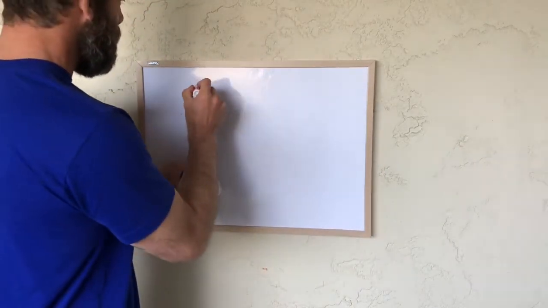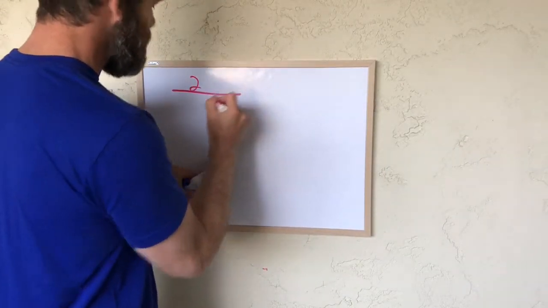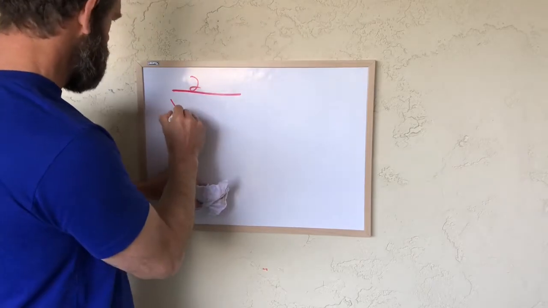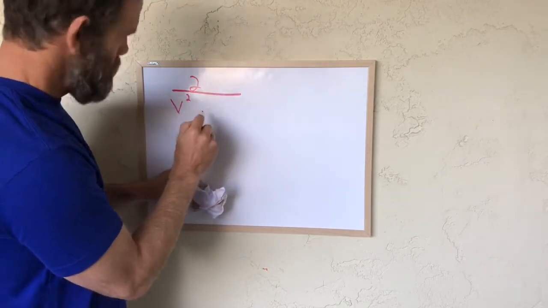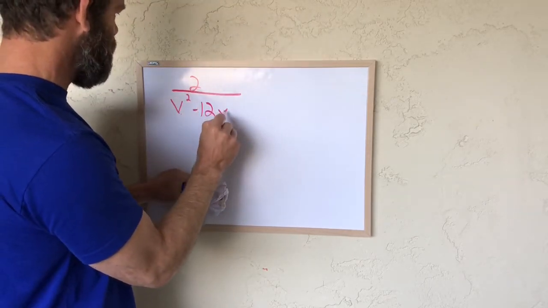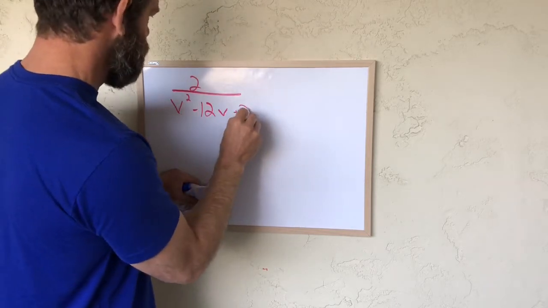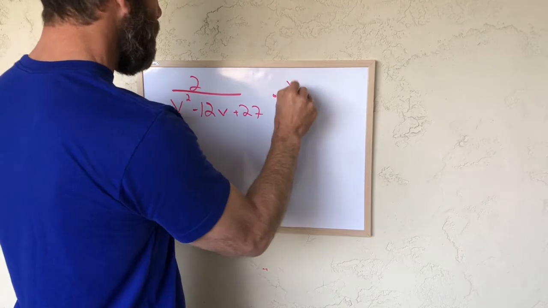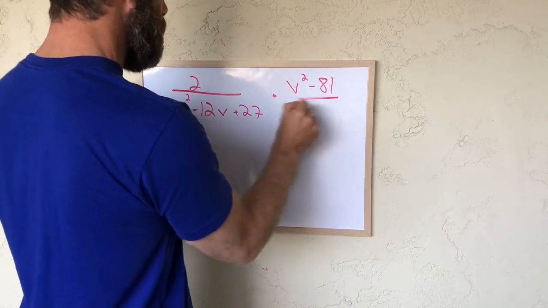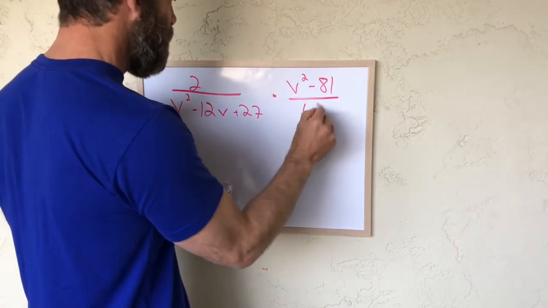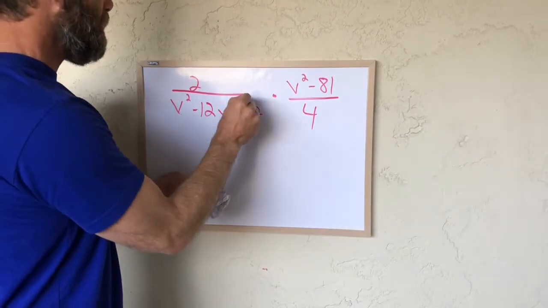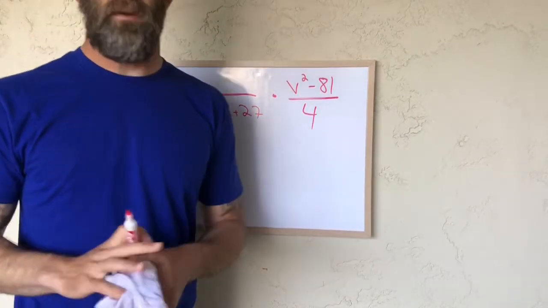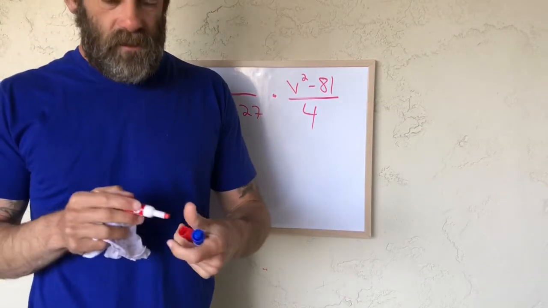So look, here we have, the next example, 2 over v squared minus 12v plus 27 times v squared minus 81 over 4. Now, I don't think I'll have this problem in the STEM class, but normally when I have Im3, some students will do this.